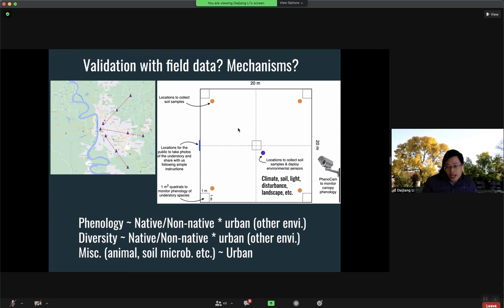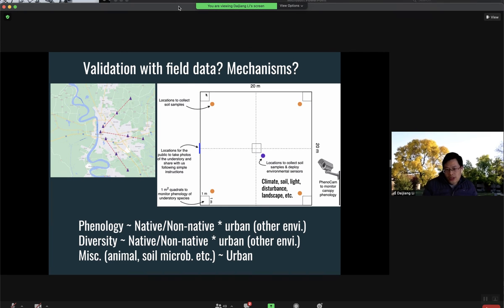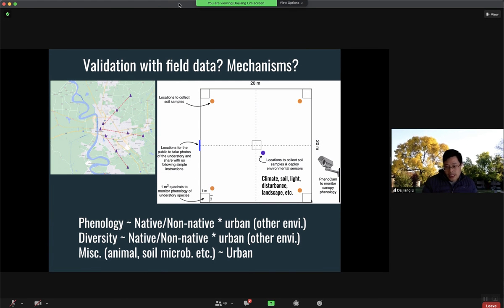And this can actually go beyond phenology, because once we have these sites established, we will do a vegetation survey to look at the species composition, and therefore we can have the diversity value for each site. So we can look at how the diversity changes across the urbanization gradient, and also how native and non-native species diversity change too.